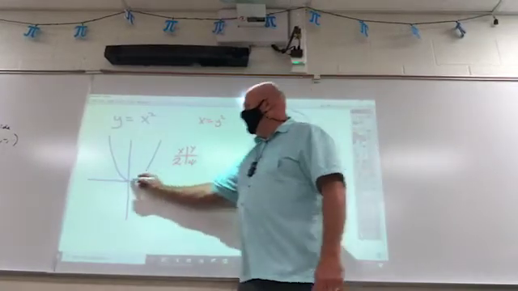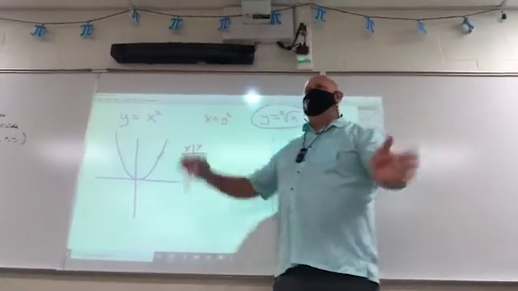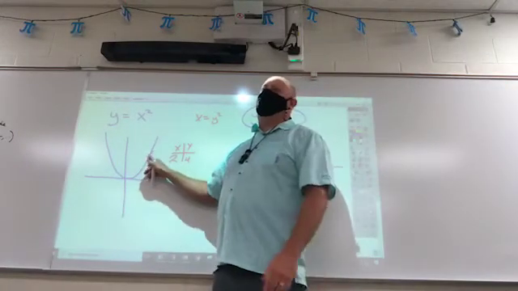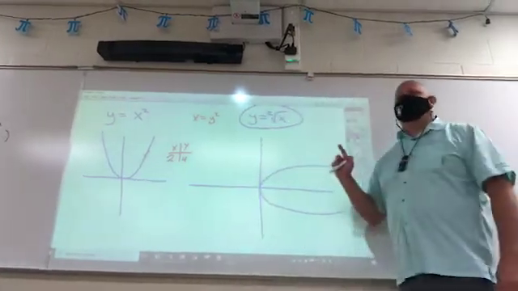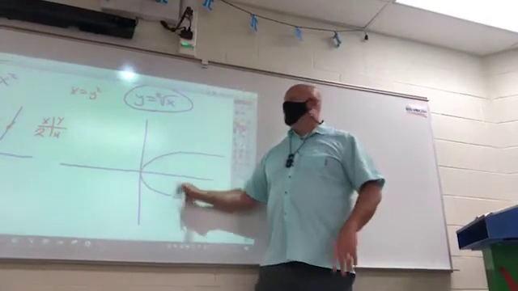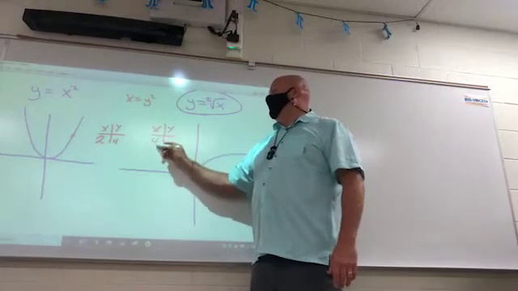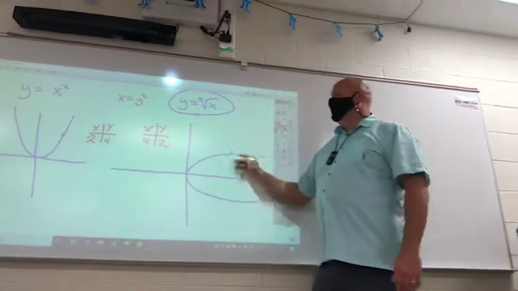So the point (2, 4) is on that graph, right? If this was a rotation, where should that point be on this graph? What quadrant? Quadrant 4, down here, right? But if I plot the inverse point, the point (4, 2), it's over here.